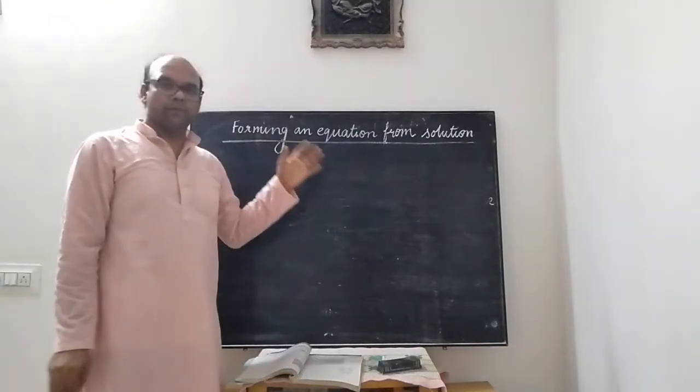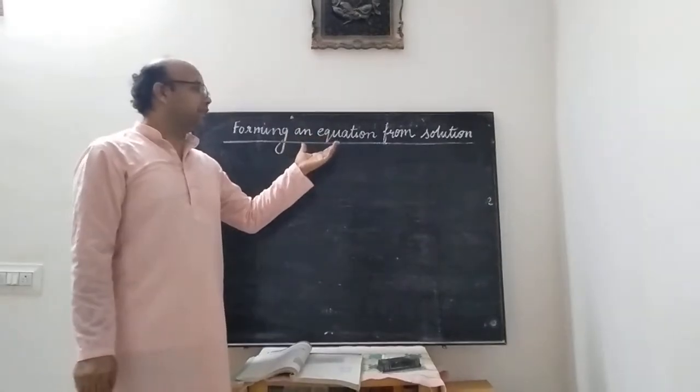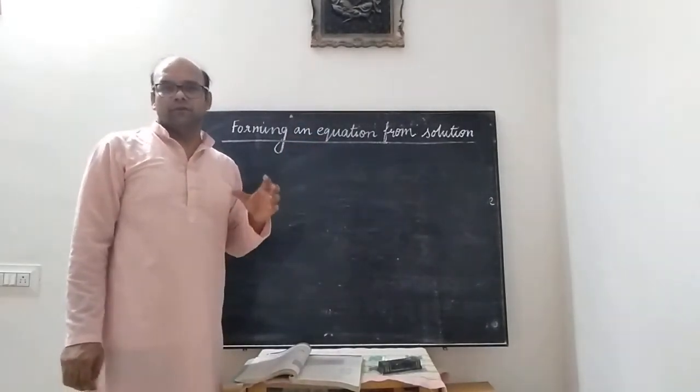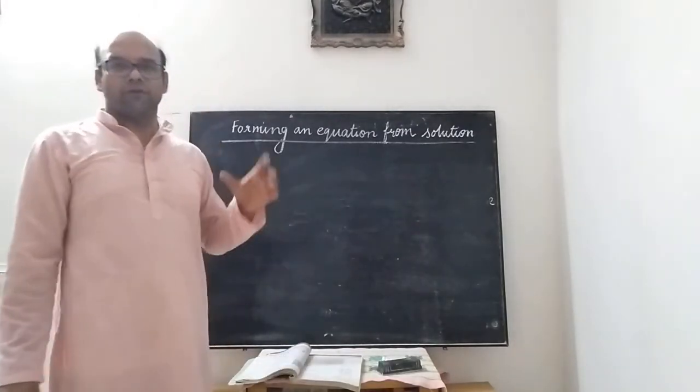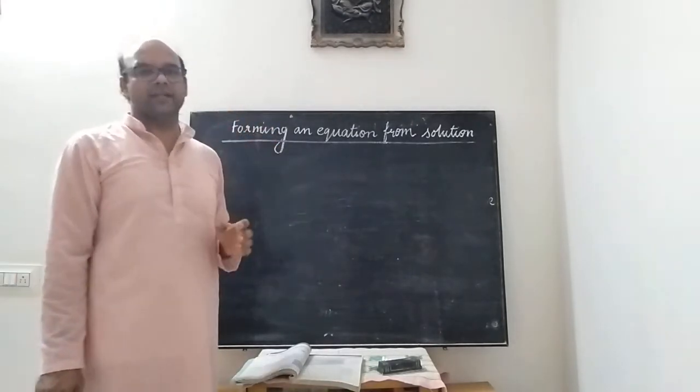Now when we talk about a linear equation in one variable, we say it has a unique solution. The variable x will have a unique value for which LHS will be equal to RHS. The equation will be satisfied.